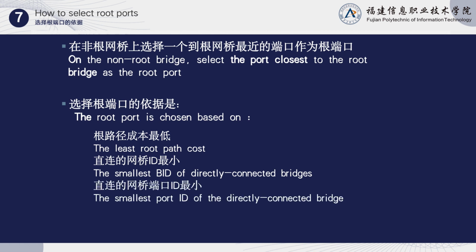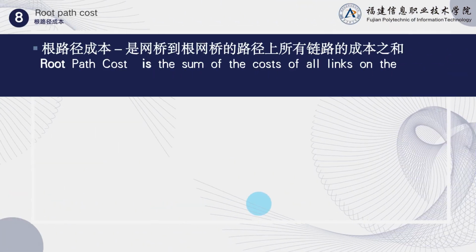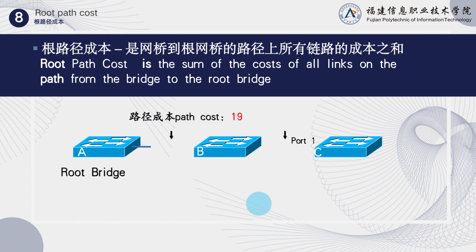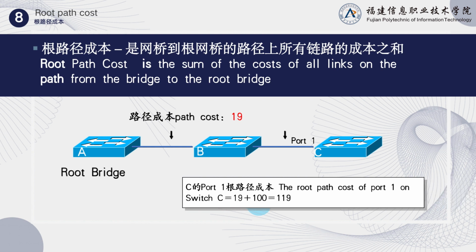The smallest directly connected bridge port ID. The root path cost is the sum of the costs of all links on the path from this bridge to the root bridge. In the topology diagram, the root path cost of port 1 on switch C is 19 plus 100, which equals 119.